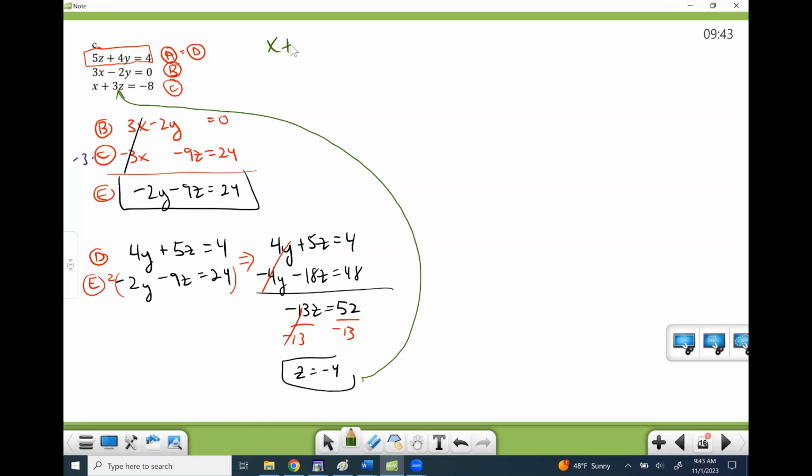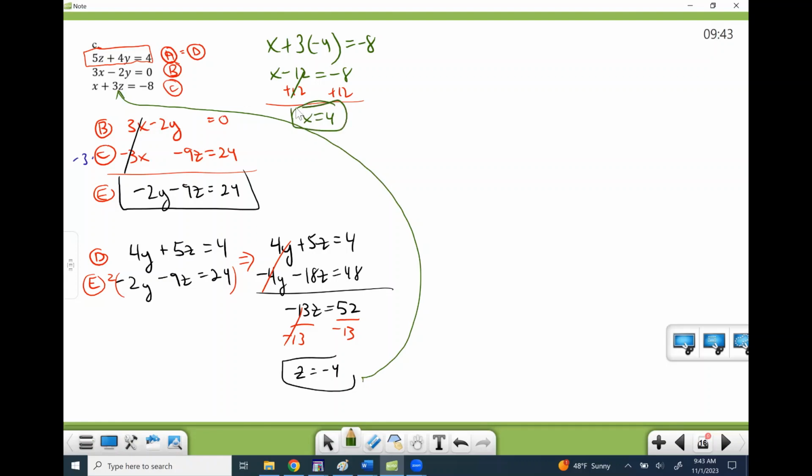So x plus 3 times z equals negative 8. 3 times negative 4 is negative 12. So we're going to add 12. And we're going to get that x equals positive 4. Okay.